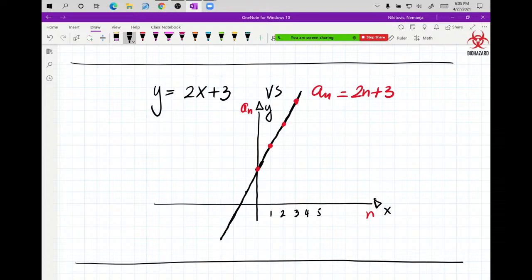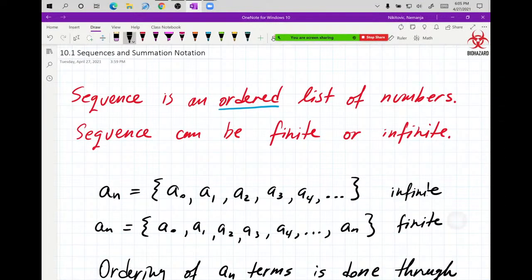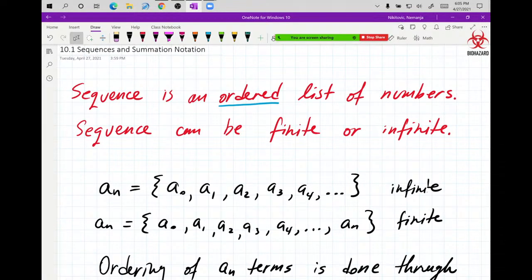So that's about graphs. Okay, quick recap. Sequence is an ordered list of numbers, and ordering is done through the set of natural numbers, through some kind of formula, pattern, whatever. Sequence can be finite or infinite. Generally, we don't care about finite sequences in mathematics, but computer science, wow. Yes. Or let's say your while loop, right?